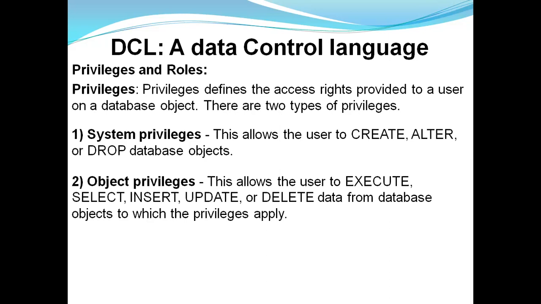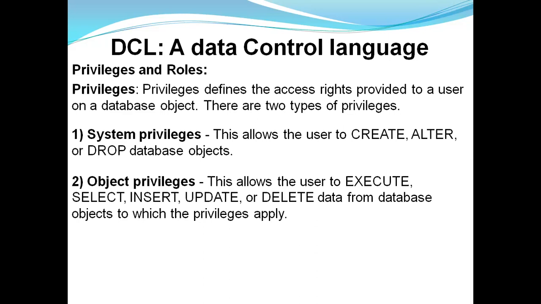Now, simple when we talk about the privileges and roles. Sometimes the question is asked, how many types of privileges are there? So there are two types of privileges. One is a system privilege, one is an object privilege. Now, the difference between system and object: system privileges are related to the structure. That is, altering the structure, creating the structure, or removing the structure. So anything related to DDL privilege is a system privilege.